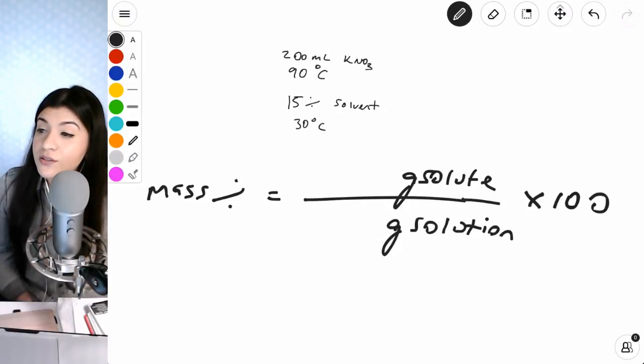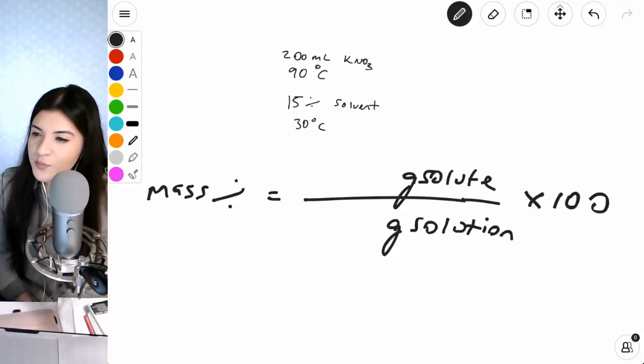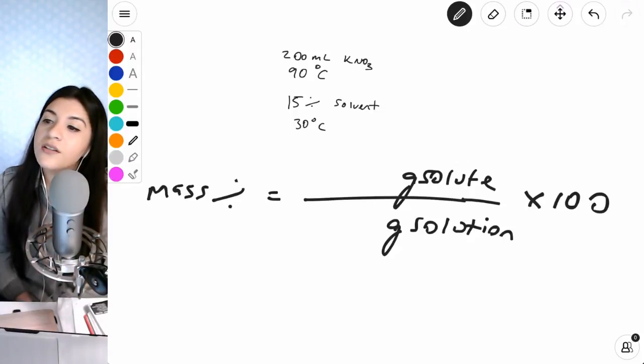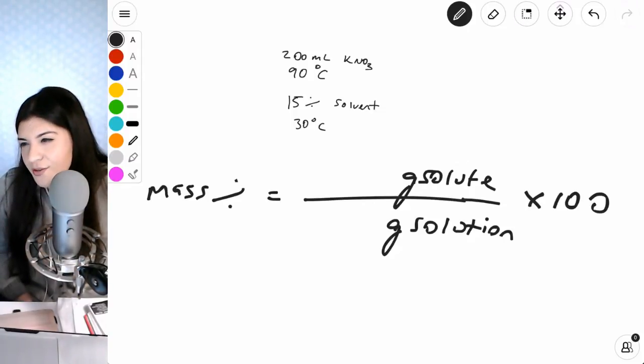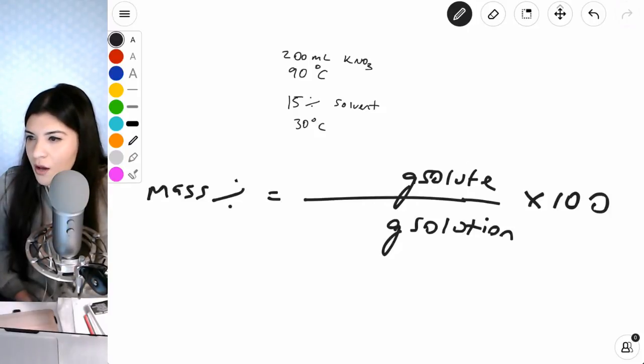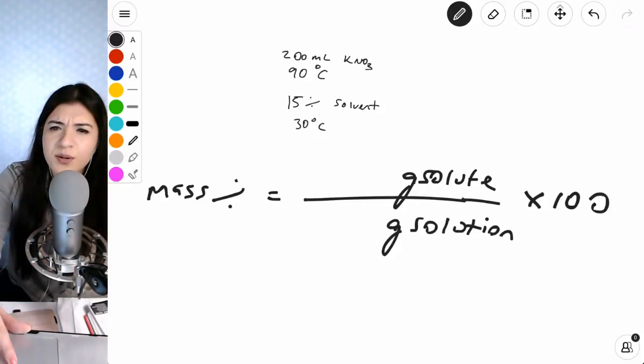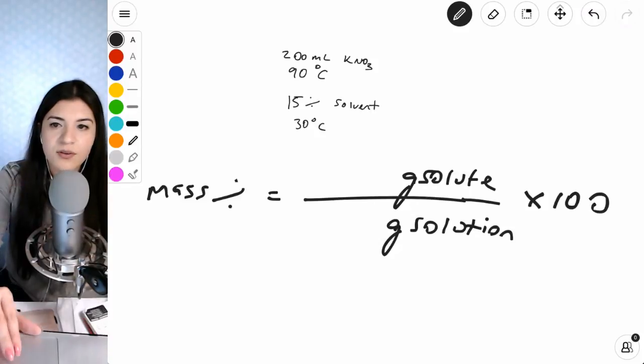But 200 milliliters of saturated solution of potassium nitrate is made at 90 degrees Celsius. If 15% of our solvent evaporates as the solution is slowly cooled to 30, what mass? And I think we're still looking at solubility tables, right? I think that's the case because we would have to be given something else. I think I closed that.